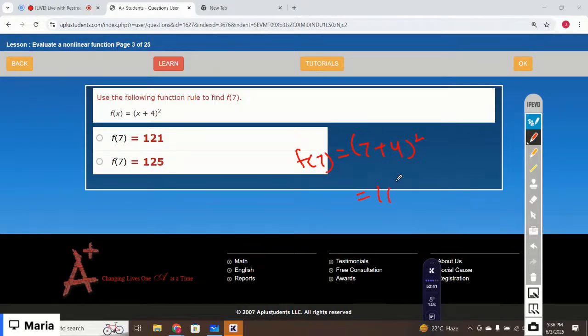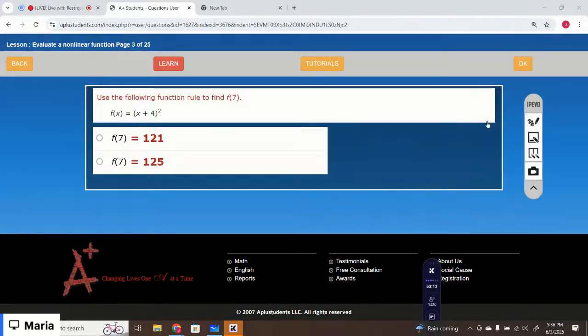That is 11 squared. That is 121. Option number 1 is the correct option.